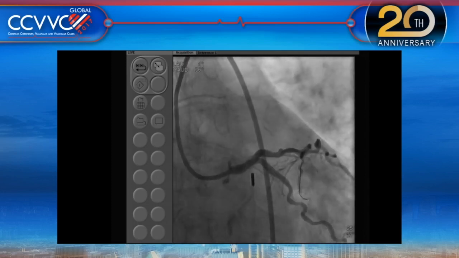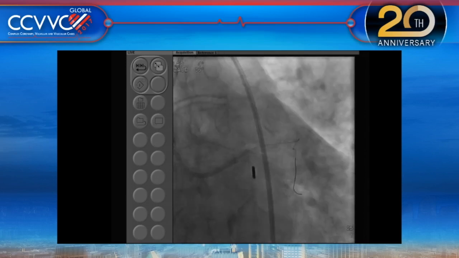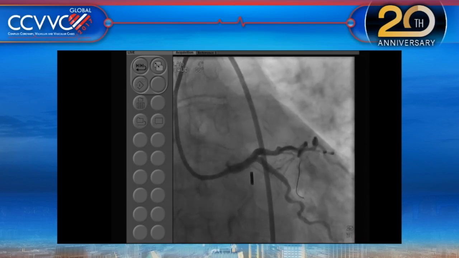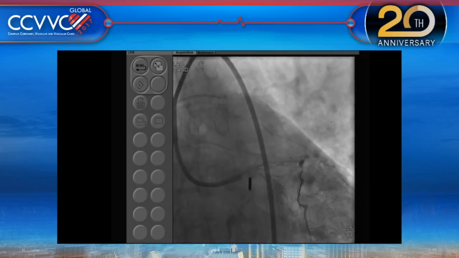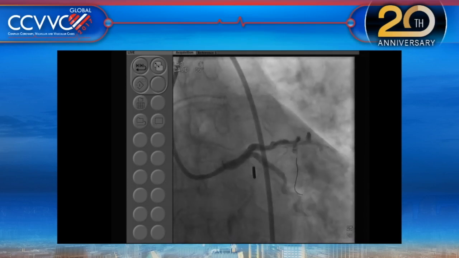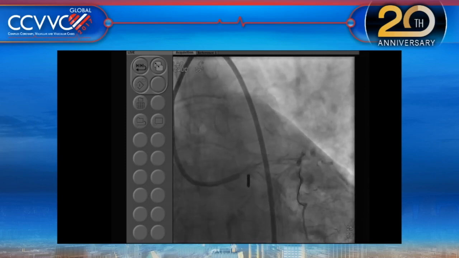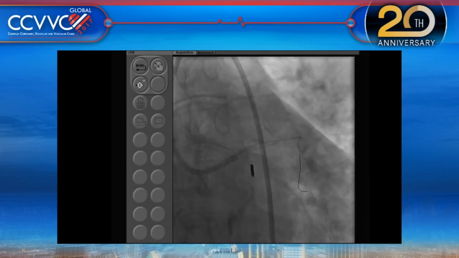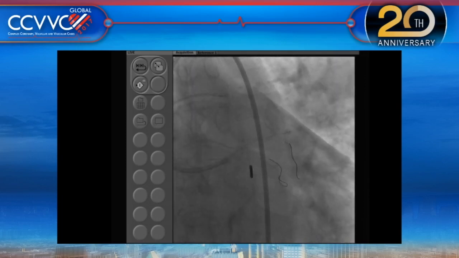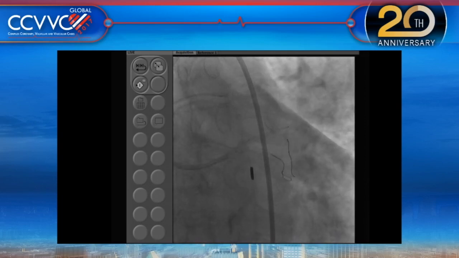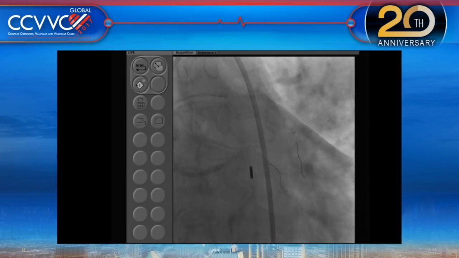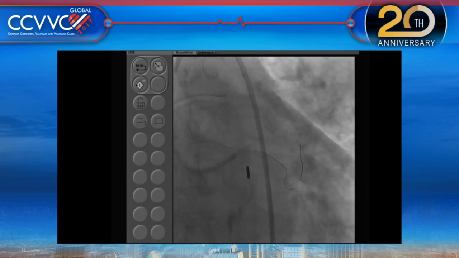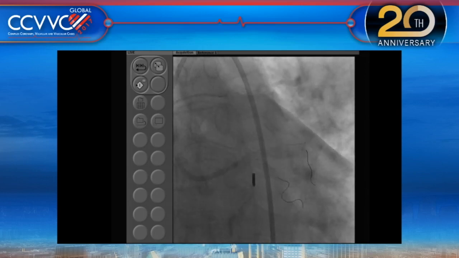If they come back, rewiring and doing PCI through the barrel is much harder because you can go through the carina in and out with the wires. Acutely it looks good, but when they come back, if at all they come back, then we really have a hard time getting through the carina. So now you see the 2.0 has gone in easily.